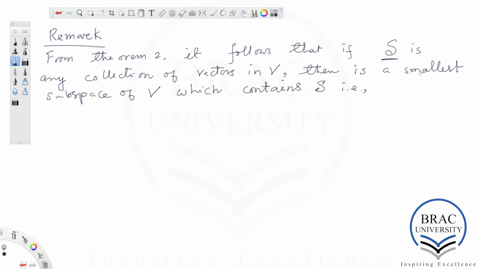Now I'm giving the definition of what is meant by a smallest subspace.